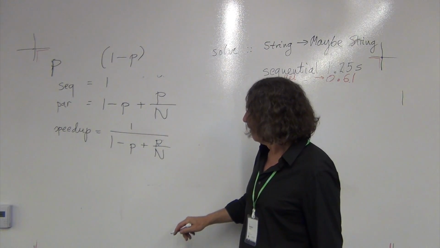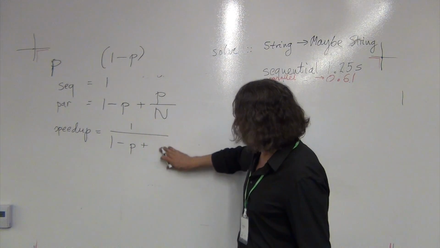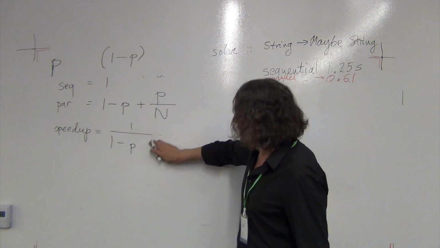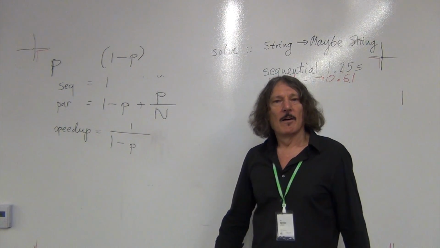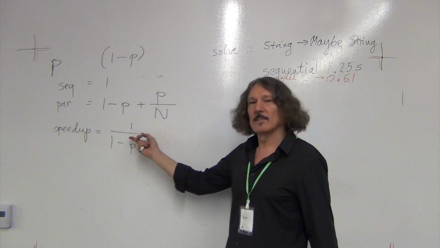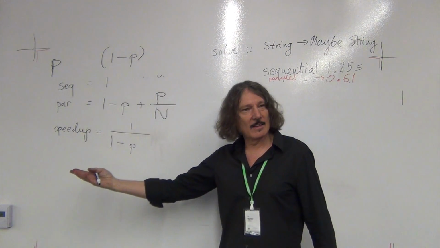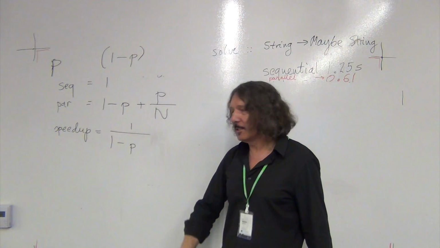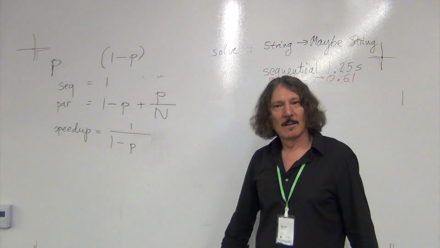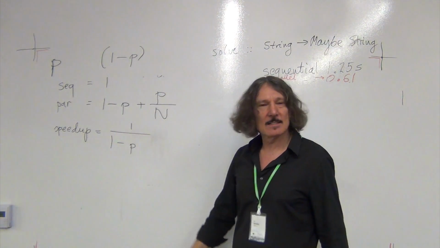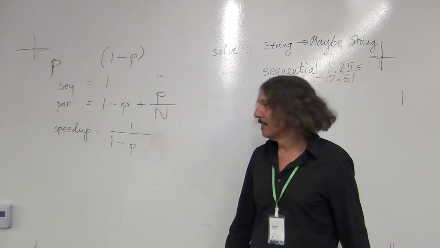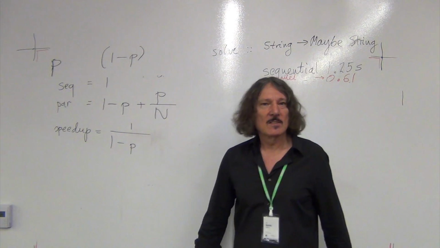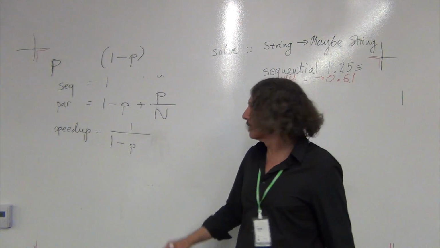So we can just cross this term out, and the speed up at infinity of processors will still be only 1 divided by 1 minus P. So there is a limit to speed up.